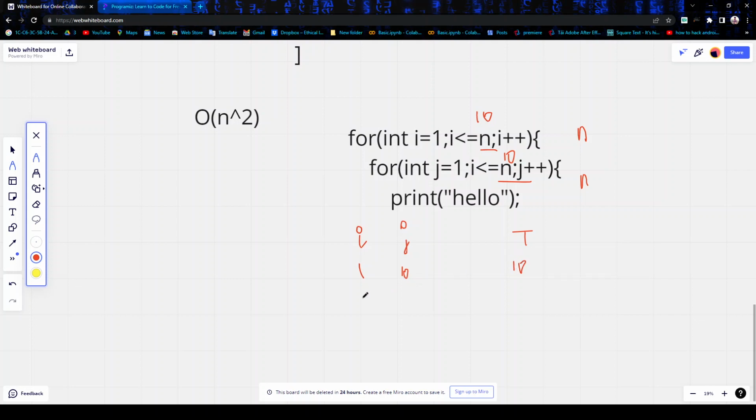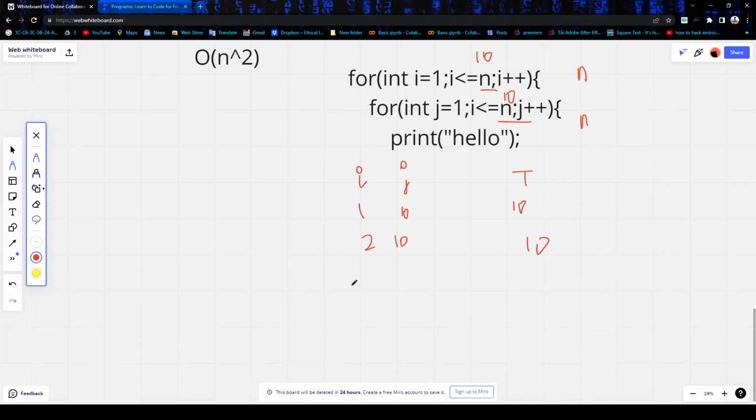If i is 2, j will again go from 1 to 10, so again the value is 10 and so on. You can notice i will go up till n, and at the end i is equal to 10, and j will be equal to 10 again.